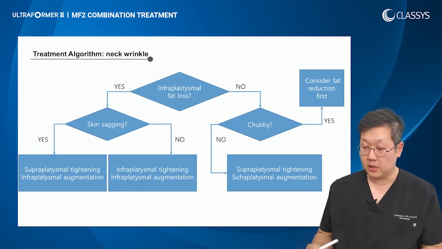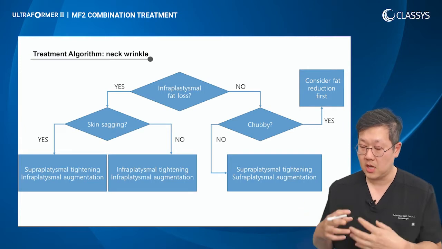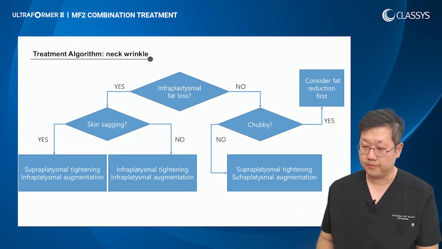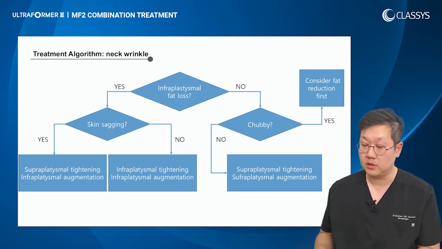But if there is no skin sagging with just the fat loss, usually in younger patients, or if the diet control is too heavy and fat loss comes from the inside, infraplatismal augmentation can be necessary. But infraplatismal tightening is also important because the superficial sagging is not so prominent.